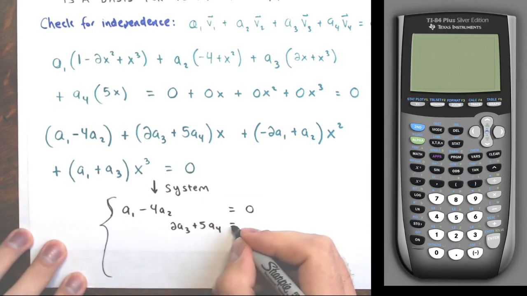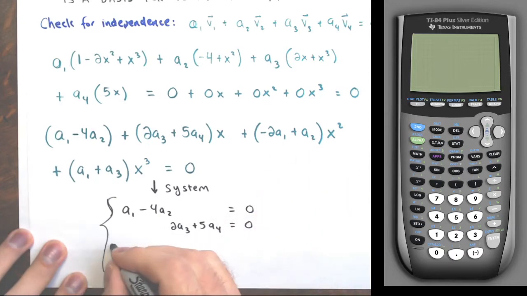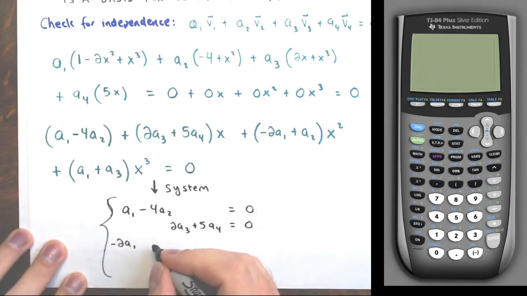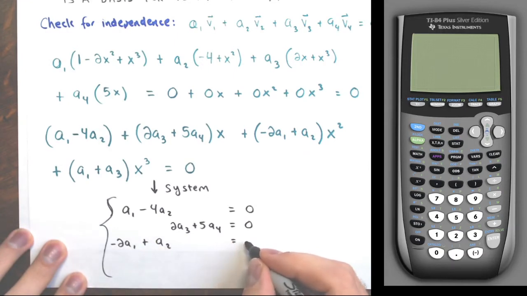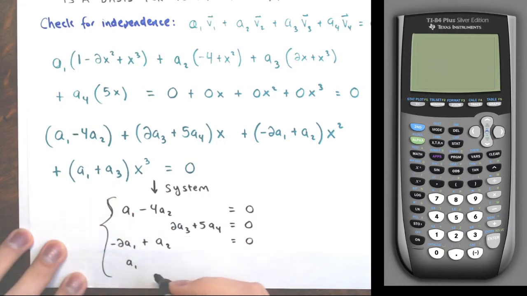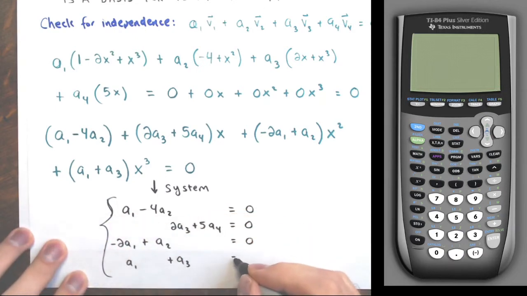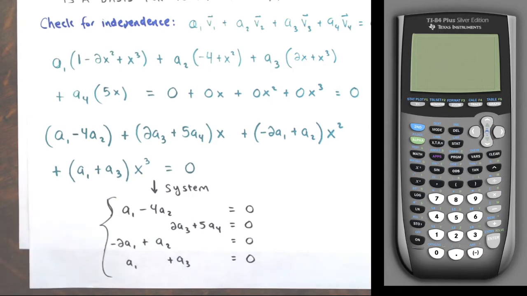I need this coefficient to be 0, negative 2a1 plus a2 to be equal to 0. And the last coefficient, a1 plus a3, and I'm trying to line up the like terms here, a1s and a2s and a3s and a4s, equal to 0. You see the linear system?